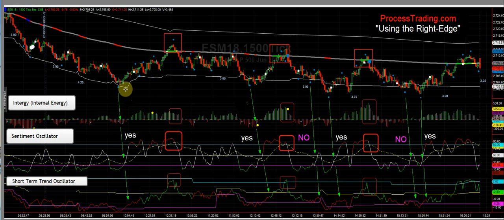And price has to go through those bands, and then it's appropriate to take them. Now, price didn't actually break this band, but I'm just going to show this as an example as well. But price did come through here, it did come through here and over here.